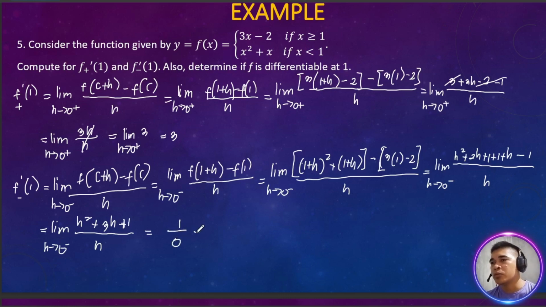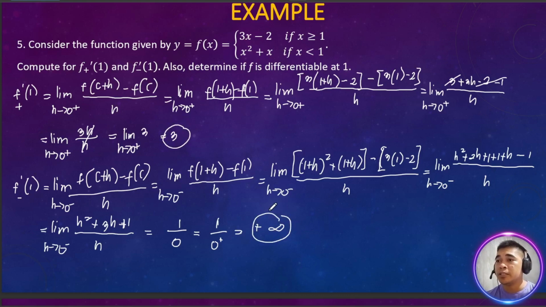To check that one, using the previous learnings in our previous chapter, that is 0 from the right equals positive infinity. So here, since we have 3 and positive infinity, they are not equal. Therefore, the given function is not differentiable at point 1.